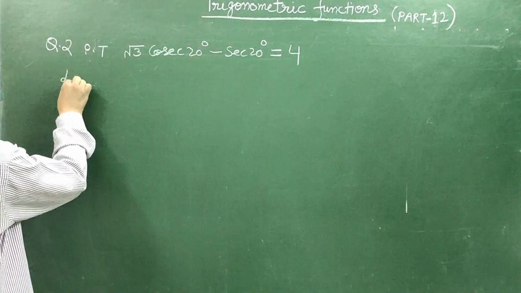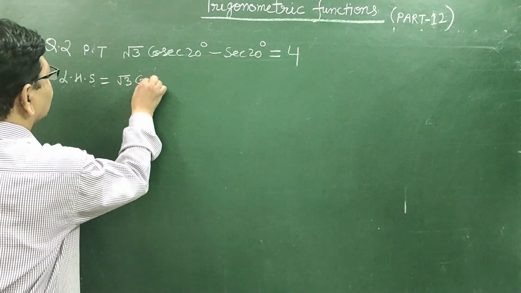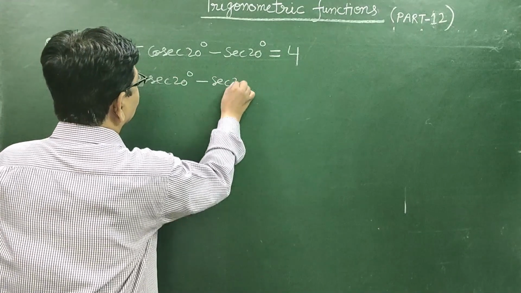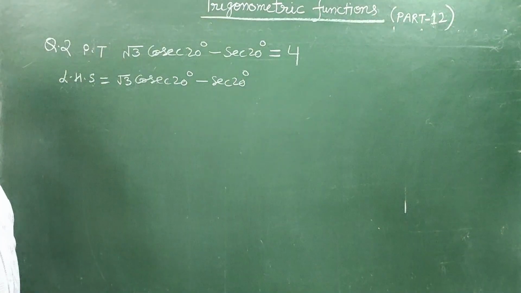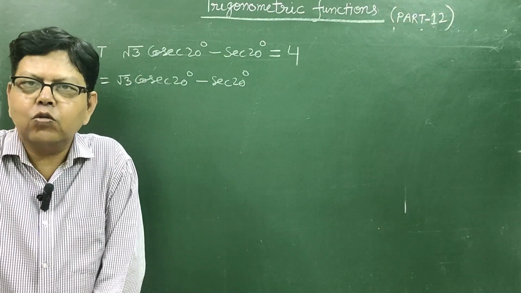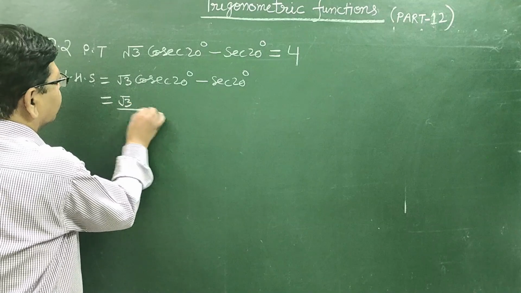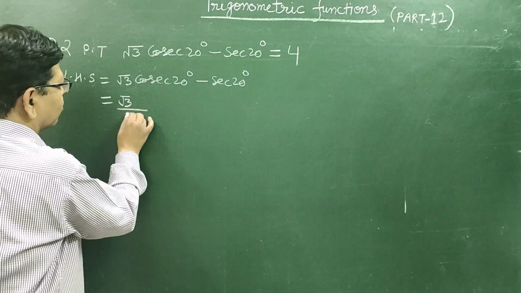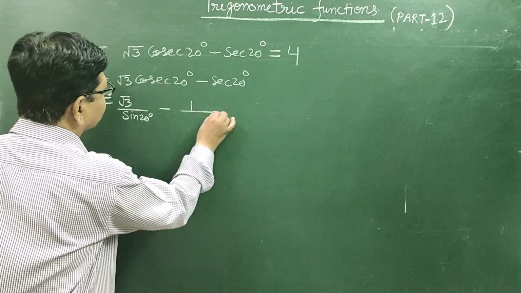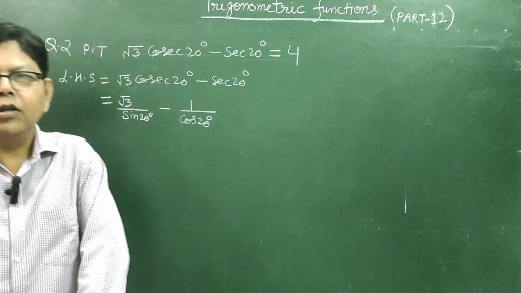Let us consider the left hand side, which is √3 cosec 20° minus sec 20°. Now first let us convert cosec into sine and sec into cos. So this is equal to √3 upon sin 20° minus 1 upon cos 20°. Now what to do?